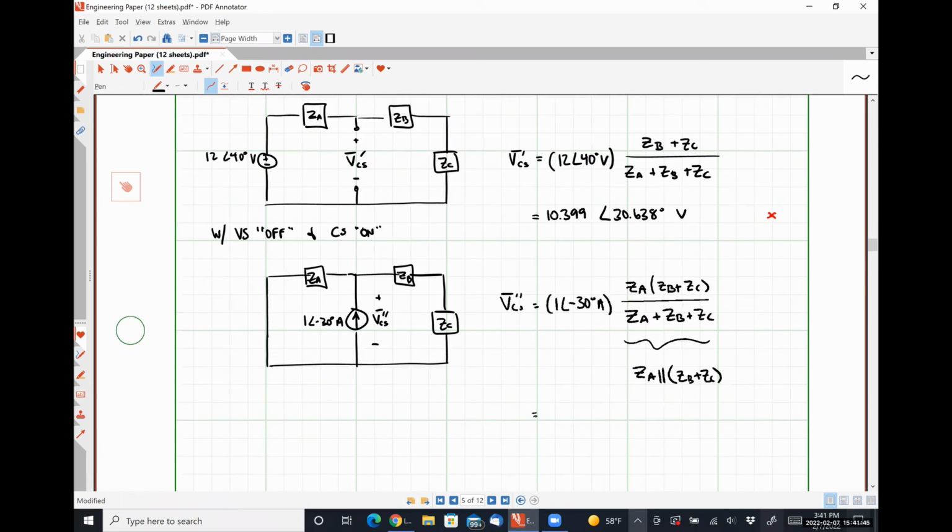So I get 4.667 with an angle of negative 17.560 degrees.